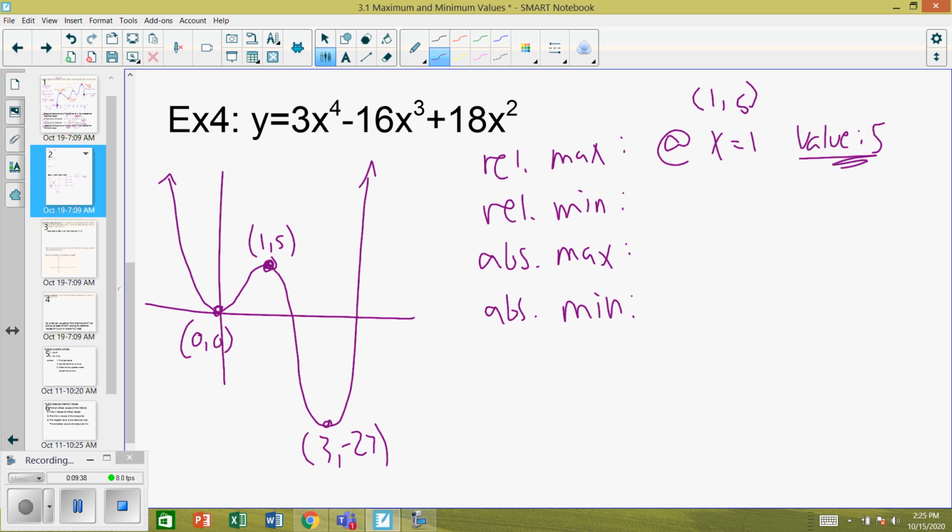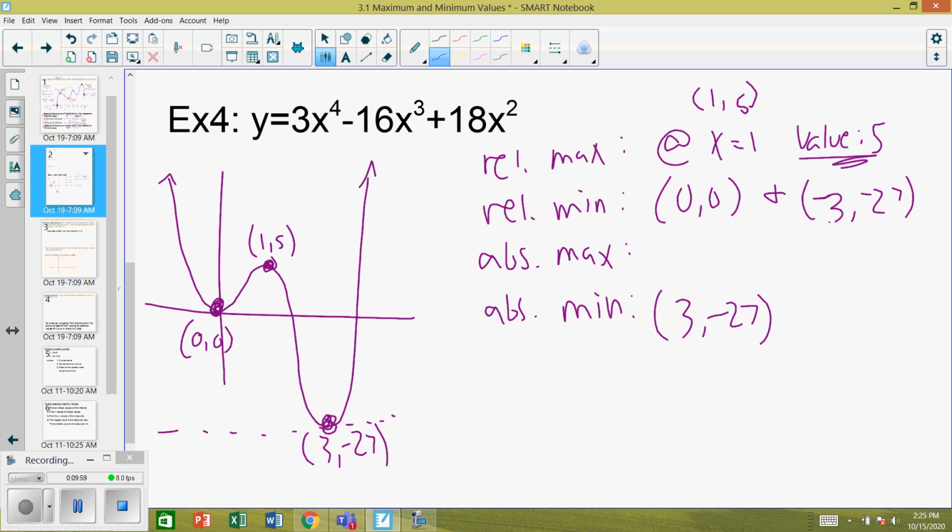The relative mins, it looks like we have two of them. We have one at 0, 0, and one at 3, negative 27. It just turns out that nothing is ever going to go below 3, negative 27, so that relative minimum is also an absolute minimum.